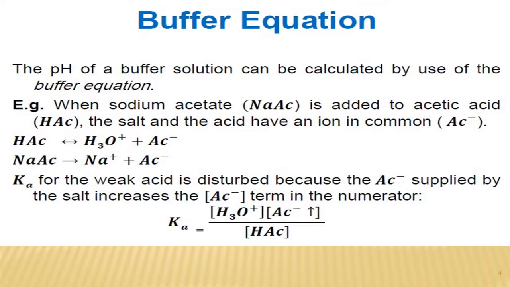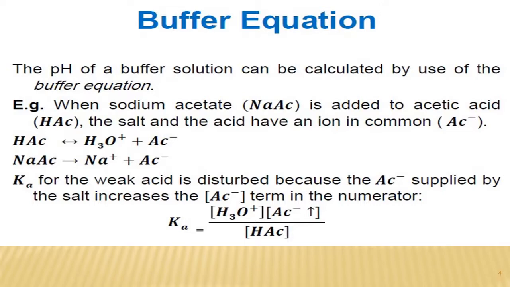If we take now the equation for buffer for the weak acid and the salt of this weak acid, there is a common ion shared between them, it is AC minus. So the Ka, the dissociation constant for a weak acid, is disturbed because the common ion supplied by the salt increases the AC concentration, as in this equation.